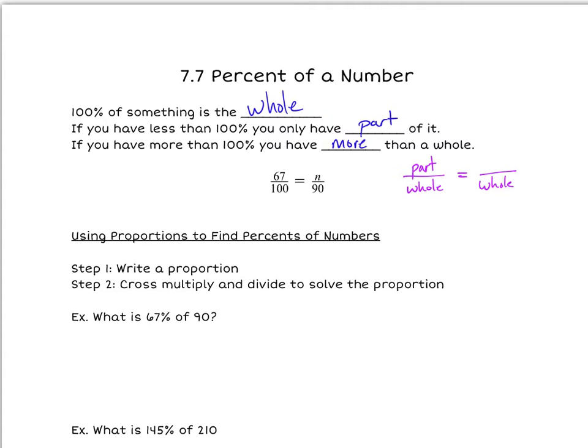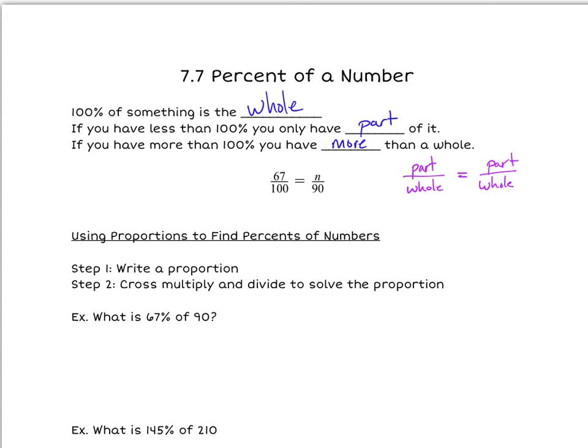I know it's not 100 because the 100 represents a percent. And the n would represent a part. That's the way you're always going to set these up. You're always going to have a part and a whole, and one of them is going to be a number, and one of them might be a variable. Any one of those could be missing.